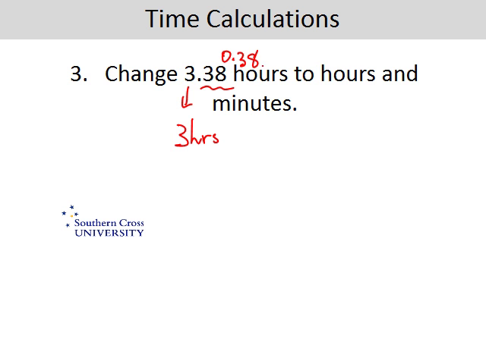We know that there's 60 minutes in an hour, so we can times that by 60. 0.38 times 60 is 22.8 minutes. That's a little clumsy because of the decimal within the minutes, so let's round that to 3 hours 23 minutes.